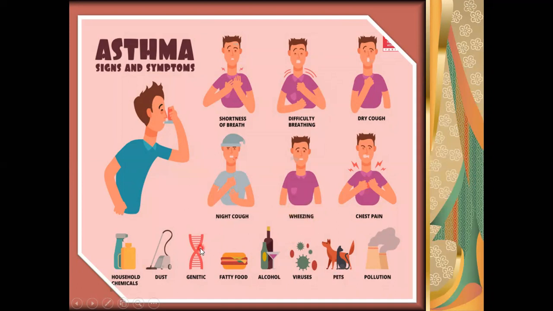There are a lot of risk factors or causative factors for asthma. Some of them are household chemicals, dust, genetic factors, fatty food, alcohol, viruses, pets, and pollution.